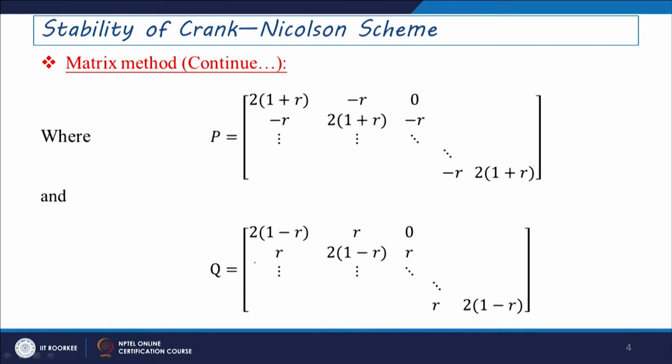The coefficients of P can be written as 2 into 1 plus r, minus r, 0.